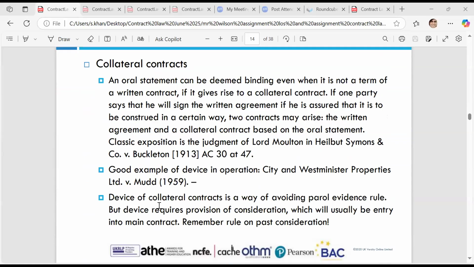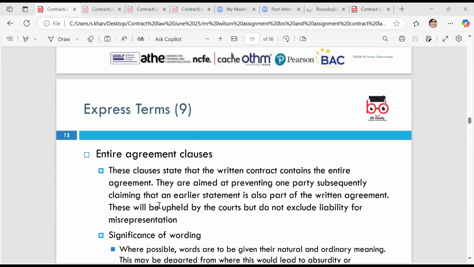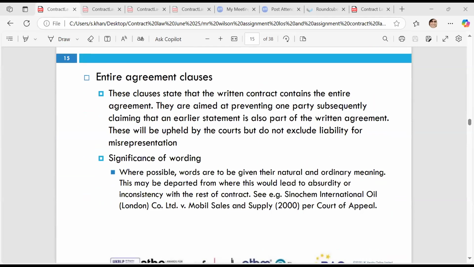A good example of this device in operation is the City and Westminster Properties Limited and Mudd case. Then entire agreement clauses: a breach of an express term can give rise to legal action, such as a claim for damages or specific performance. The whole point of these clauses is to prevent one party claiming an earlier statement is also part of a written agreement.